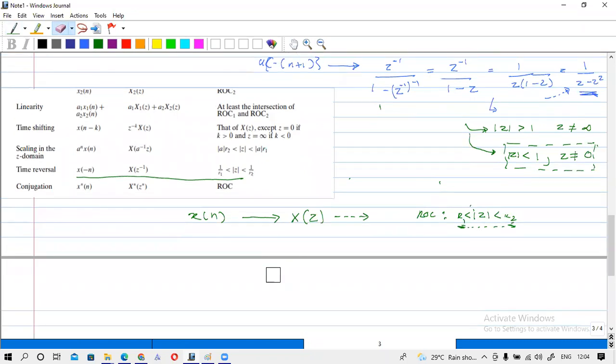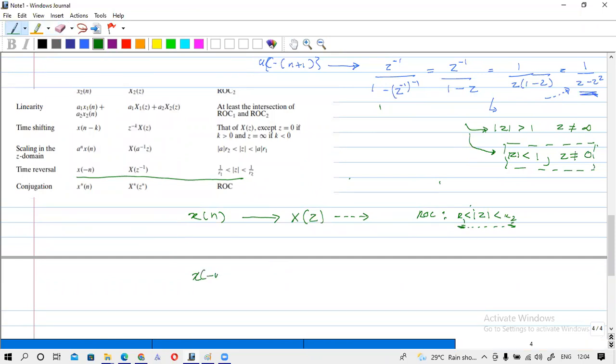Now we take the inverse, x[-n]. If I take the inverse, all z will be replaced by z^-1. I think this is clear, no?